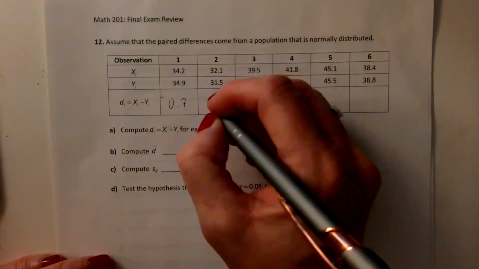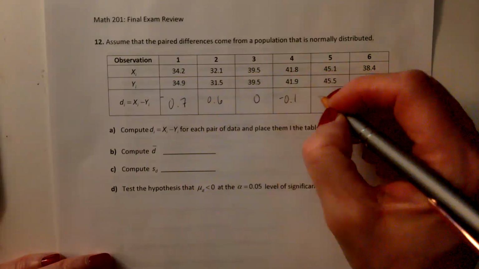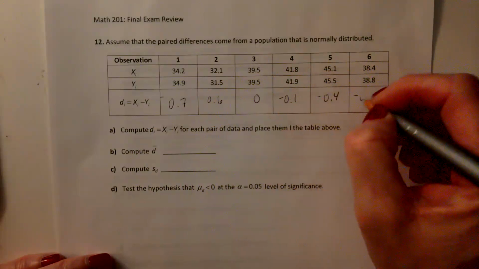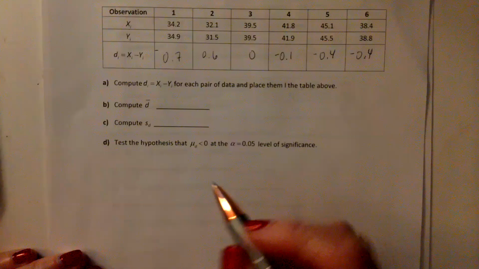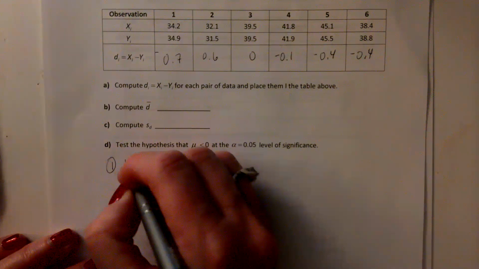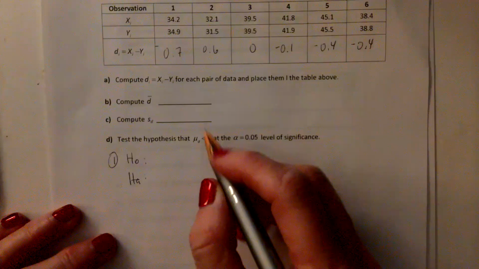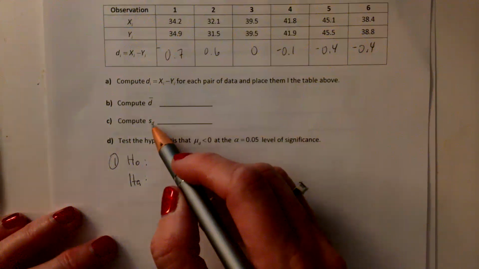And then this would be a positive 0.60, negative 0.1, negative 0.4, and negative 0.4. And so we're going to go to Desmos and put our data in and find the differences and the standard deviation.